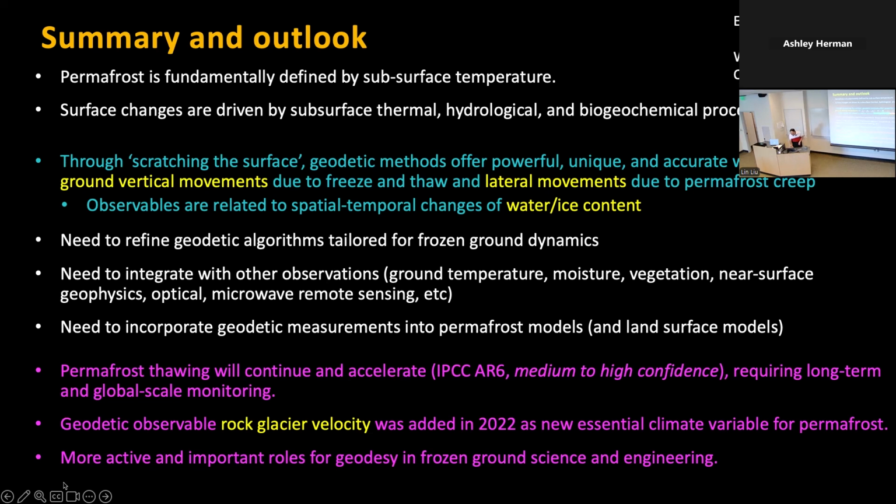But the one I showed you on the global map, or rather for the northern hemisphere, is inferred from remotely sensed land surface temperature, which is from MODIS. This remote sensing method can tell you the surface temperature. From the surface temperature, you throw in ground thermodynamics and infer the subsurface ground temperature. And you have to worry about snow and so on.